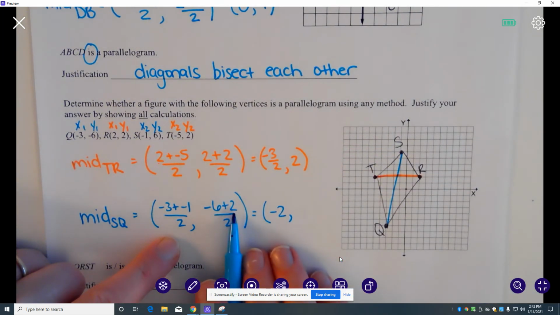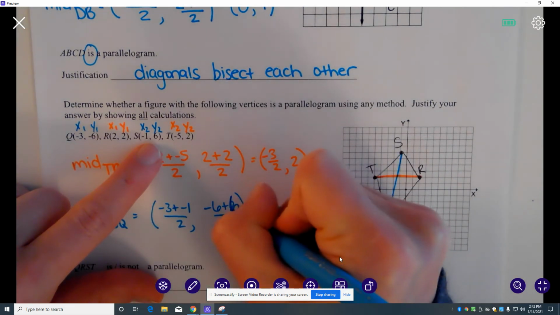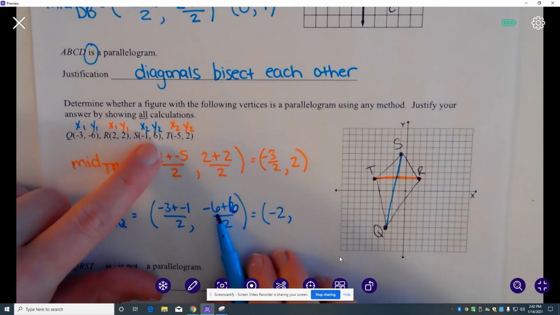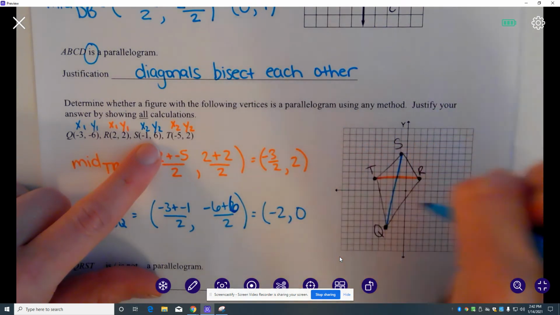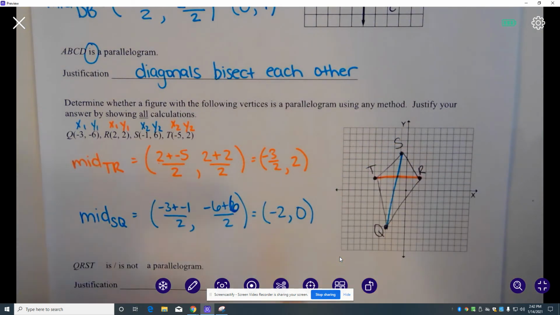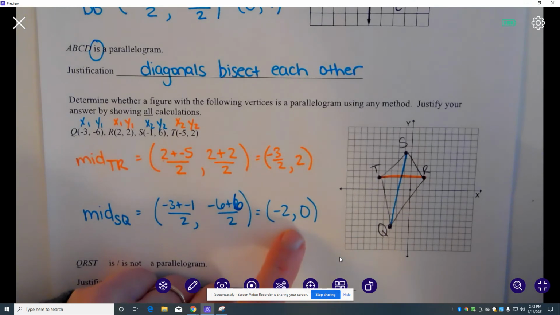Negative 6 plus 2 is negative 4. And I'm thinking I made a mistake somewhere. There it is. Negative 6, y2 is 6. I was going a little fast there. Negative 6 plus 6 is 0, and 0 divided by 2 is still 0. So the midpoint of diagonal SQ is negative 2, 0.